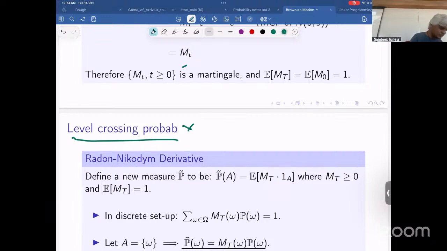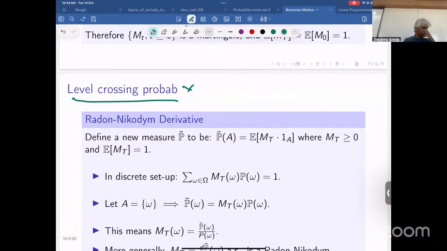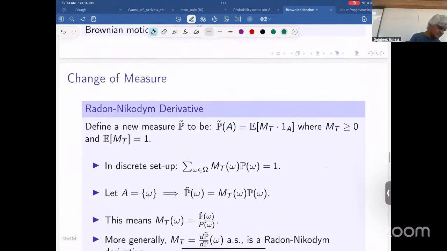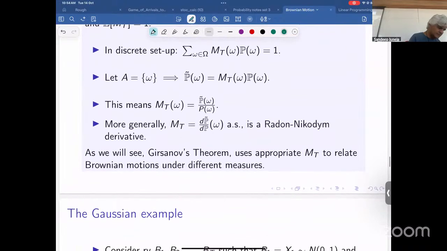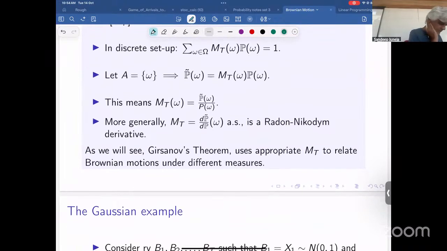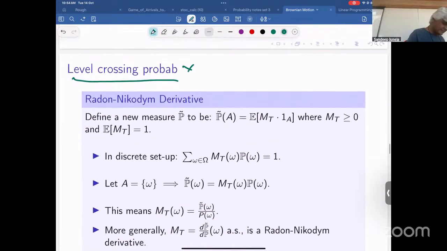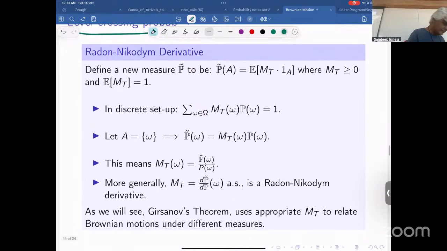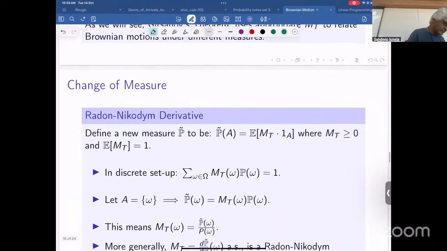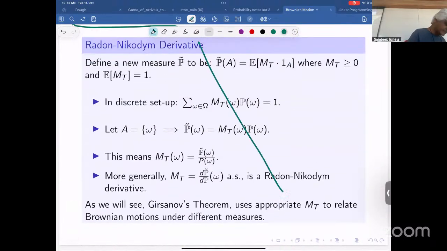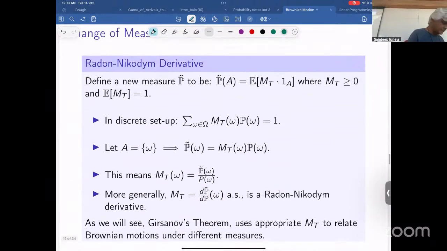So this should not be there. I think this slide should not be there. That's all. Let's just come here.